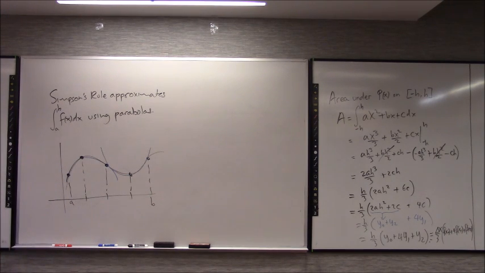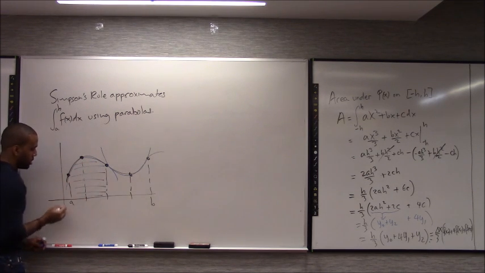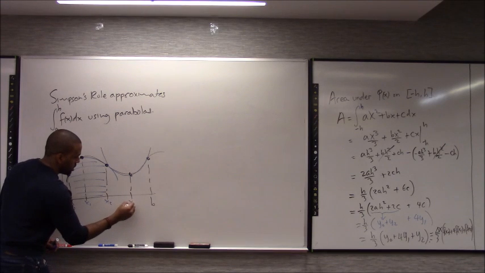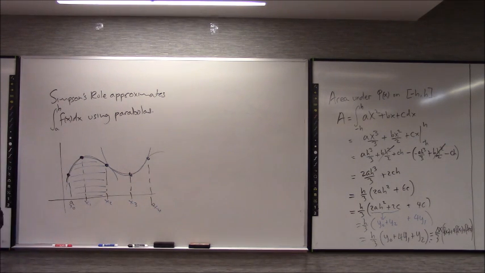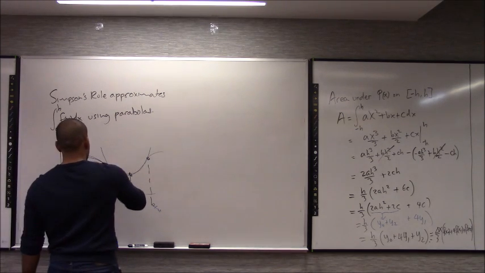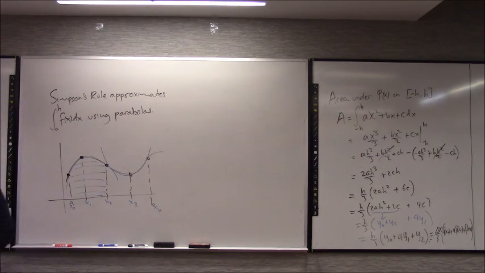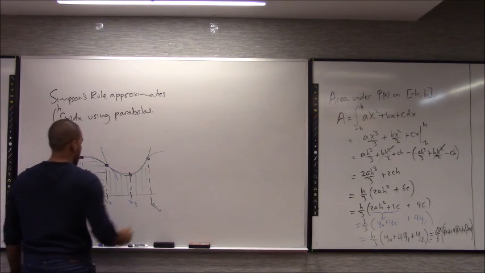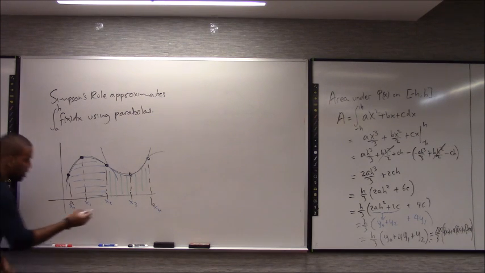Well, if you notice, if I think of the area under this situation, let's say this is x0, that's x1, that's x2, that's x3, that's x4. Versus the area under here. What would the area over here look like?